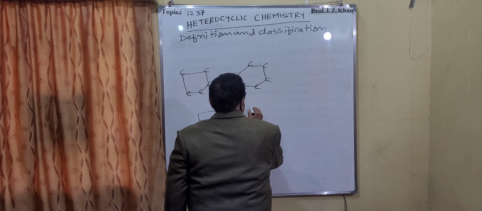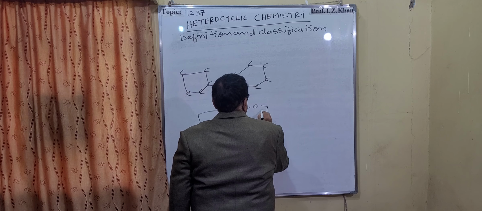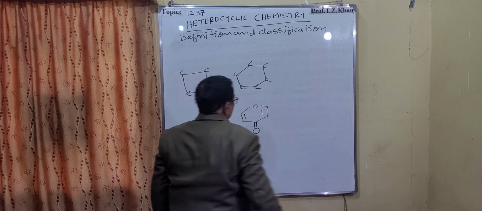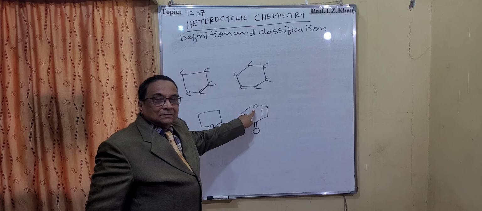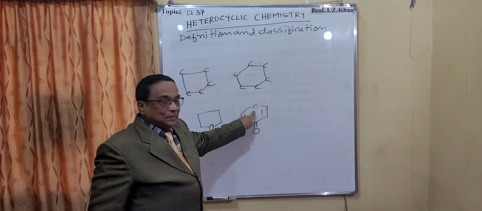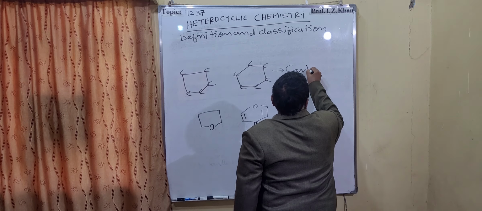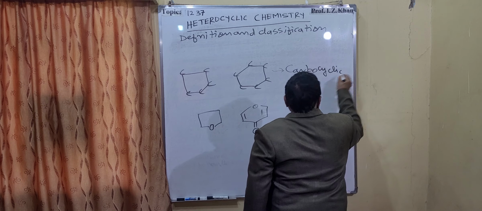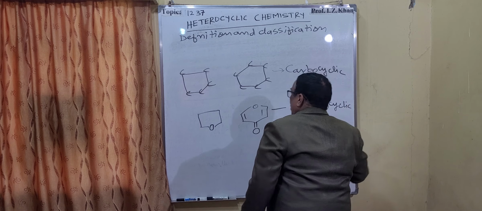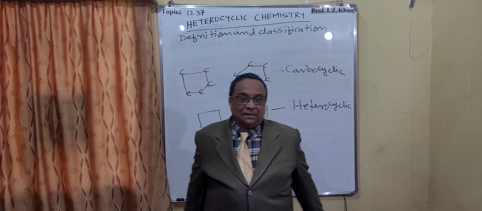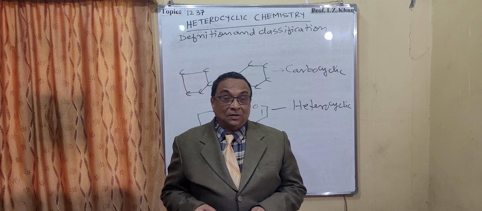Here again, if one atom of carbon is replaced by another, different atom, that is oxygen, it becomes a heterocyclic compound. So this is your carbocyclic and this is heterocyclic.